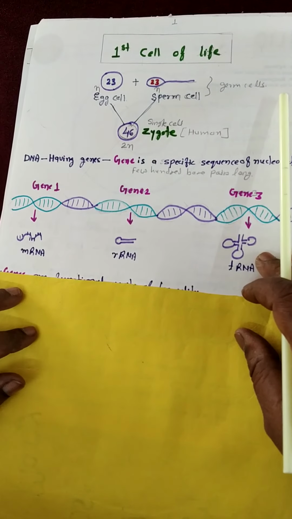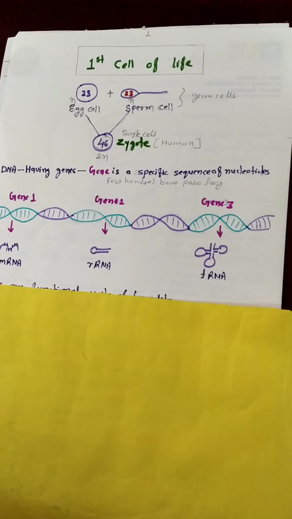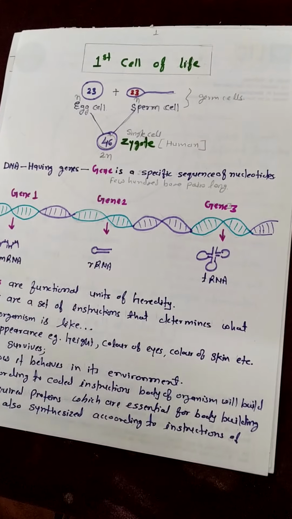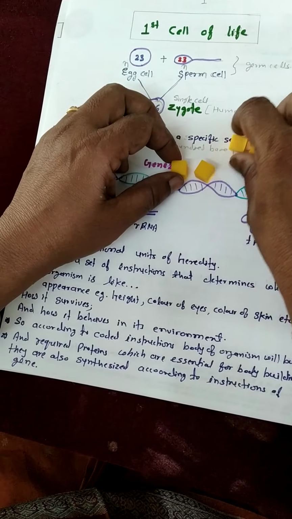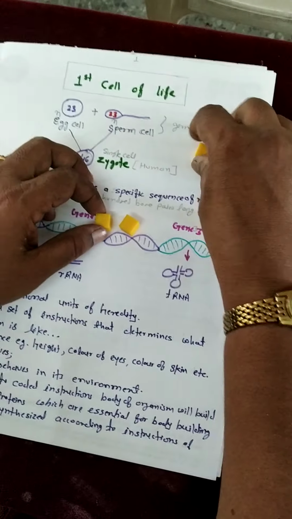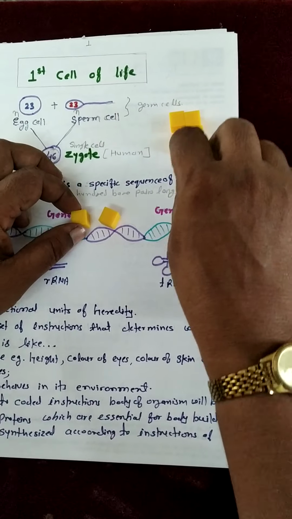The next terminology we will use in this topic is the histone protein. So what is histone protein? Histone proteins are an 8 protein complex and its structure is like this.